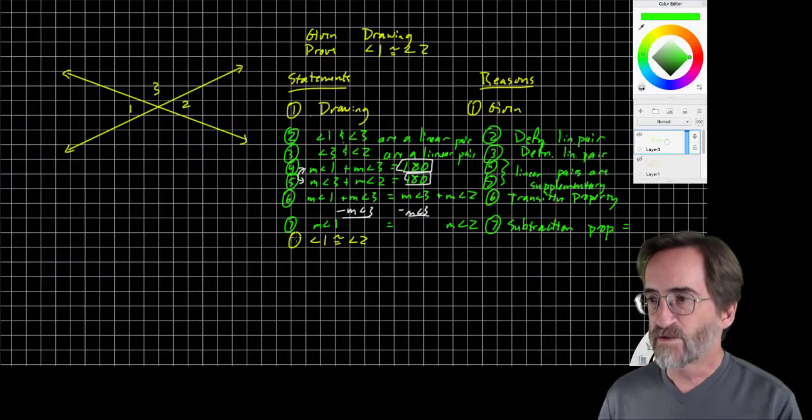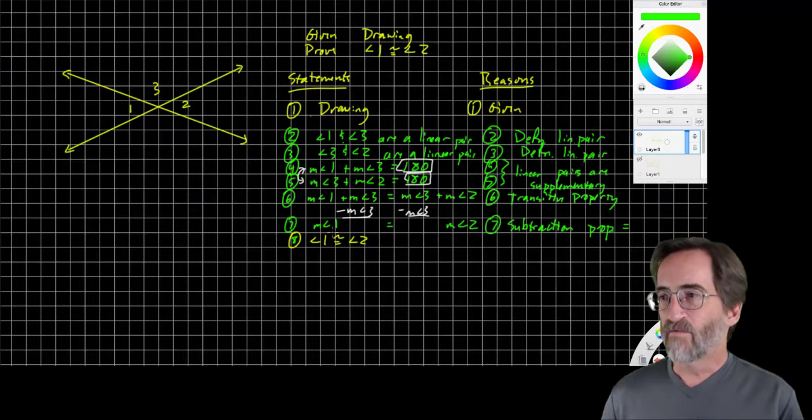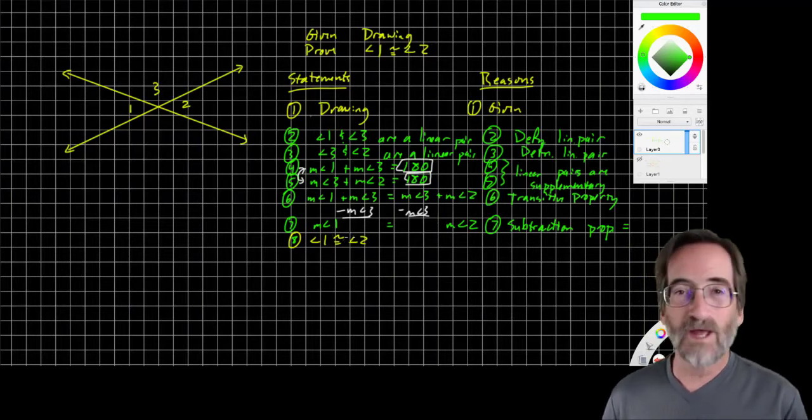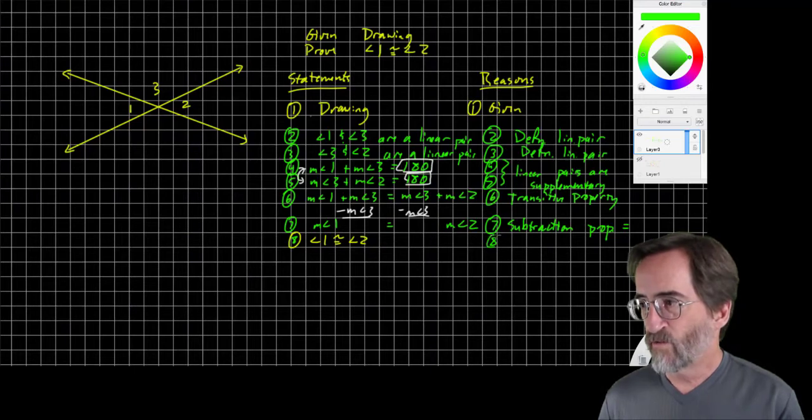All right, so now we're ready for line 8. Okay, if the measures are equal, the angles are congruent. What rule says that? That's the definition of congruent angles.